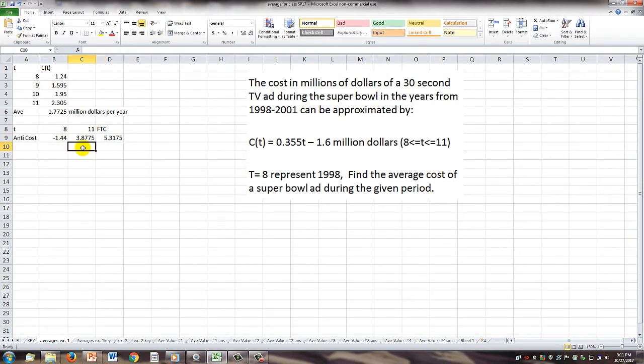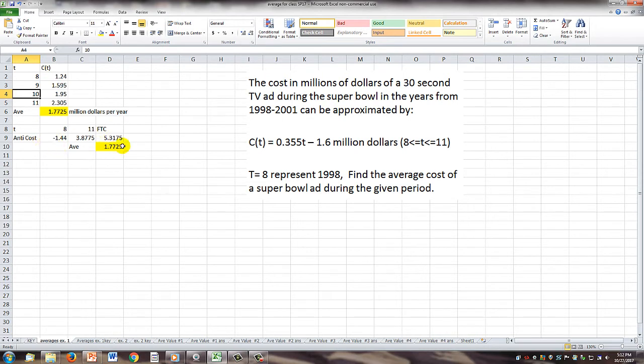And then remember, average is FTC divided by b minus a in parentheses, or you can just divide by 3. And you can see you get the same answer. And again, that's because this was linear and this was discrete data, 8, 9, 10, not 8.1 or anything. So this verifies that this formula will work.